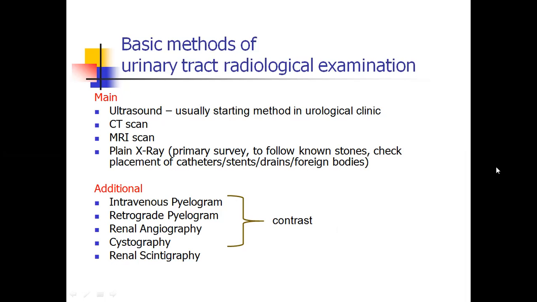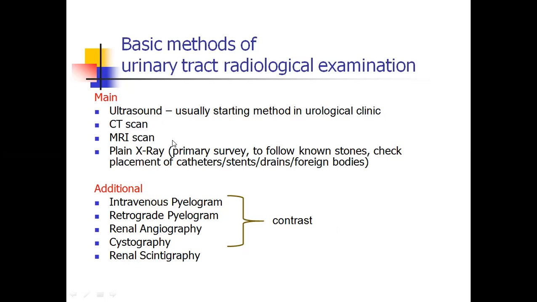Additional methods are older than those listed above, and they are of course not in very wide use: intravenous pyelogram, retrograde pyelogram, renal angiography, and cystography. All of them need contrast enhancement.